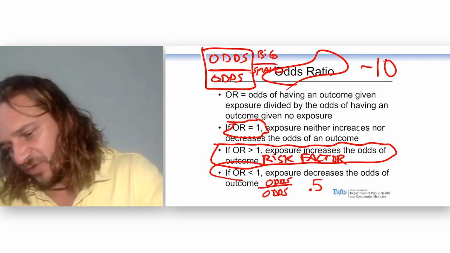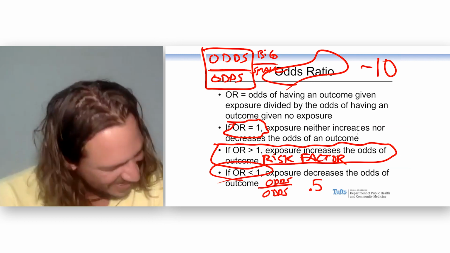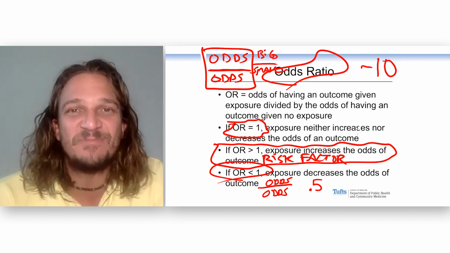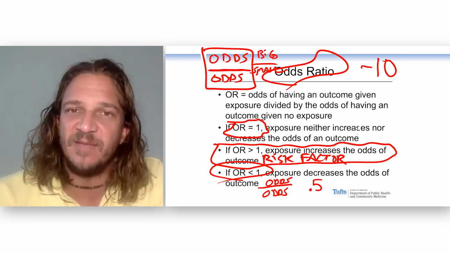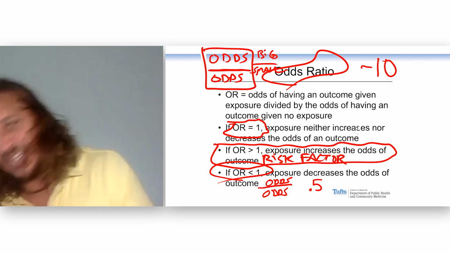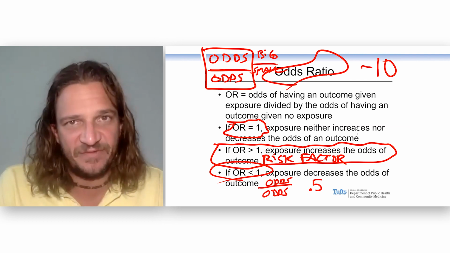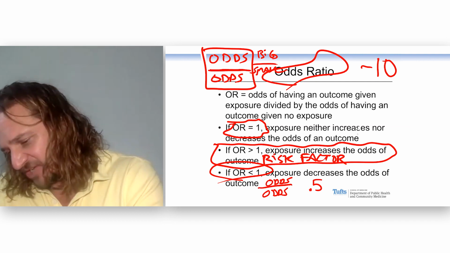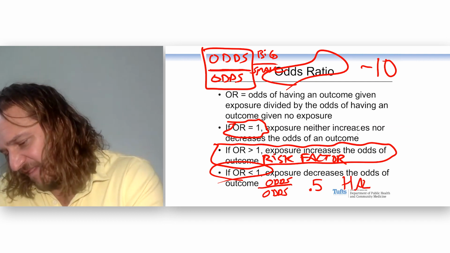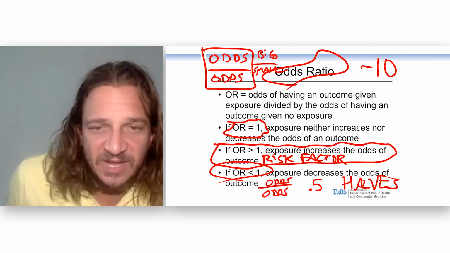That odds ratio is less than 1, and that means that exercise is protective against diabetes. We would say that exercisers have 0.5 the odds, half the odds, or that exercise halves your odds of diabetes.